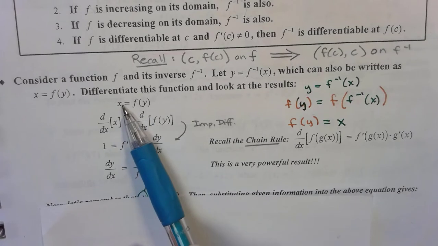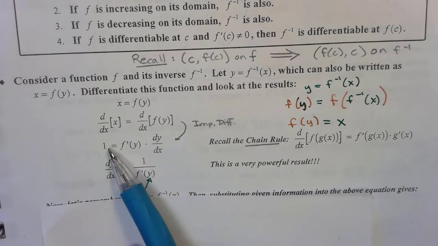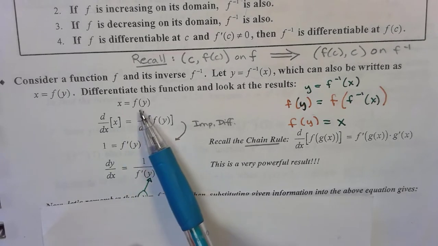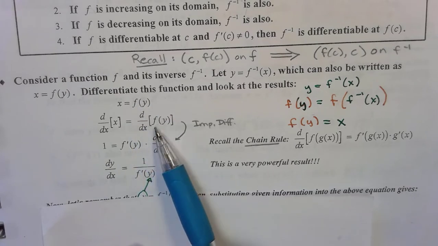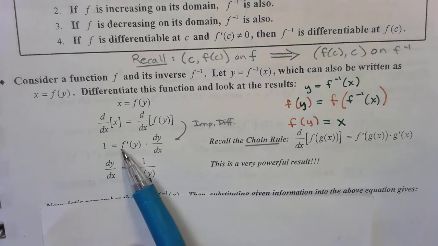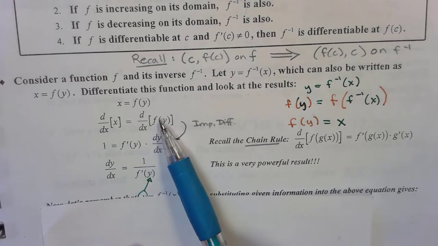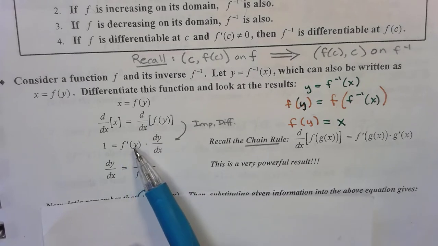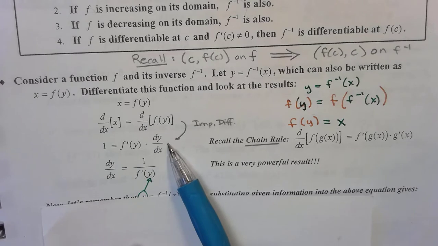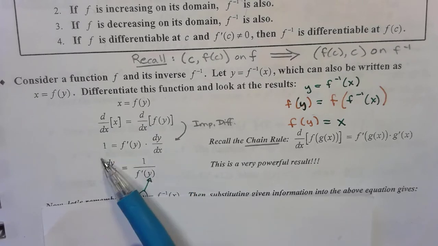The derivative with respect to x of x is 1. Nice and easy. This is going to require a chain rule because the derivative with respect to x of a function of y is f prime of y times the derivative of the inside. In other words, the derivative of the outside, f prime of y, times the derivative of the inside. And if we solve this for dy/dx, we get dy/dx to be 1 over f prime at y.